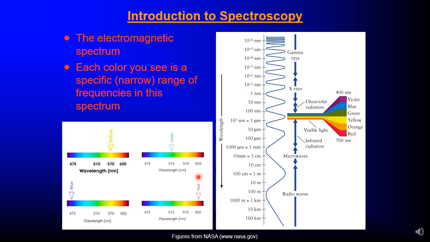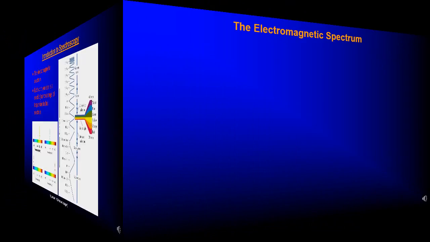The green color falls about 510 nanometer. The blue color falls about 475 nanometer. The red color falls about 650 nanometer.